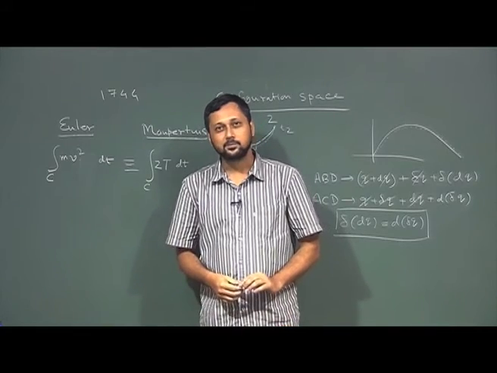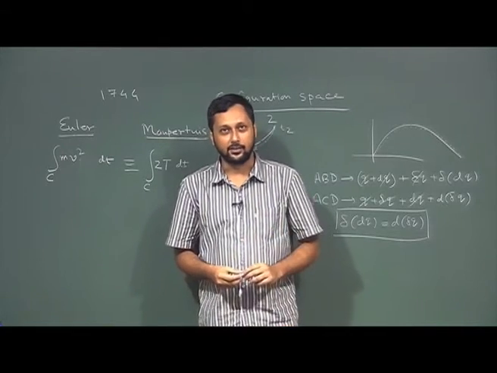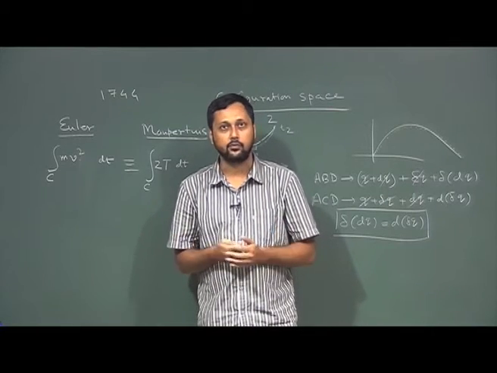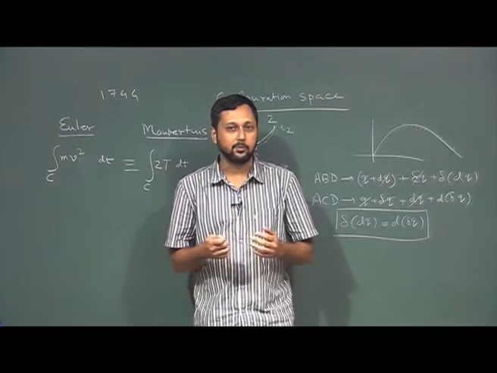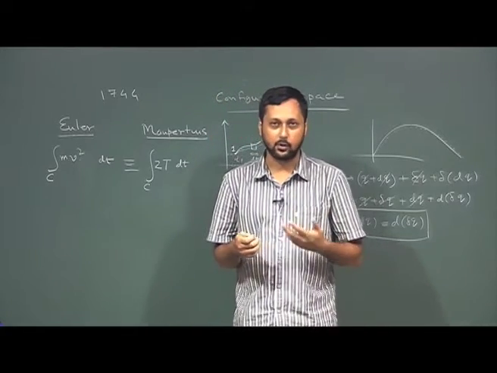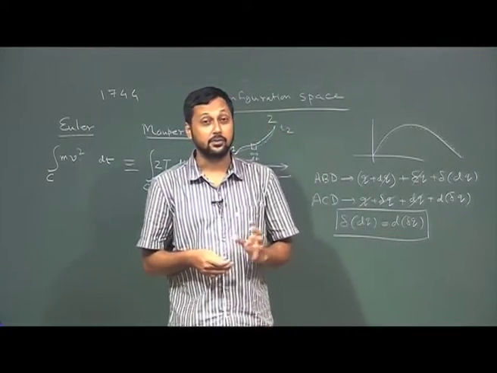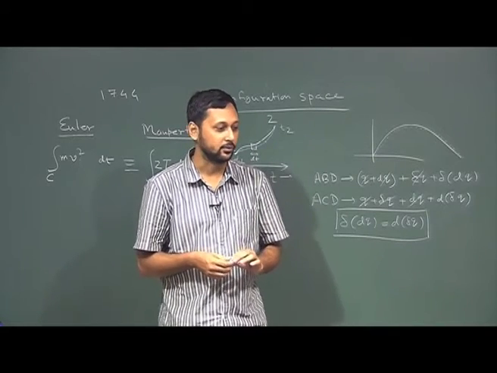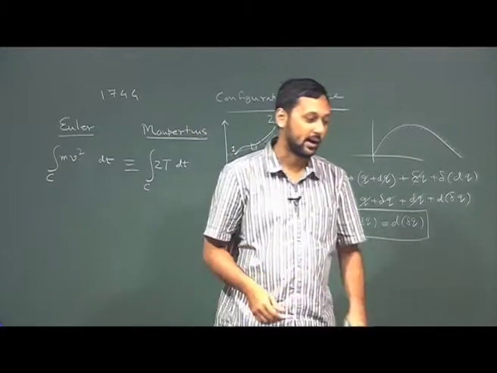But then we have to wait for another 100 years. Then Lagrangian dynamics was formulated, and people started working on that more and more, and then came this very famous Irish scientist, Sir William Rowan Hamilton.